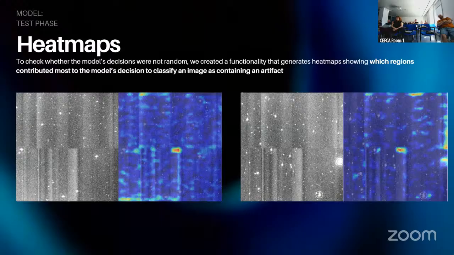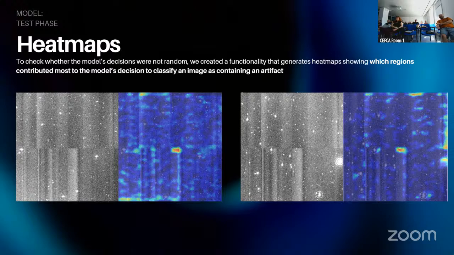And we wanted to see if the decisions of the model were randomly taken or not. So we created these heat maps that tell us which part of the images the model is paying attention to when it says, okay, there's an artifact here. These are the examples of the artifacts I showed you at first.